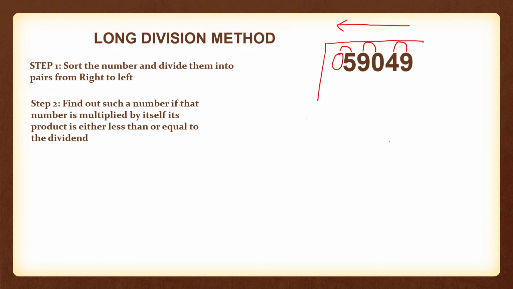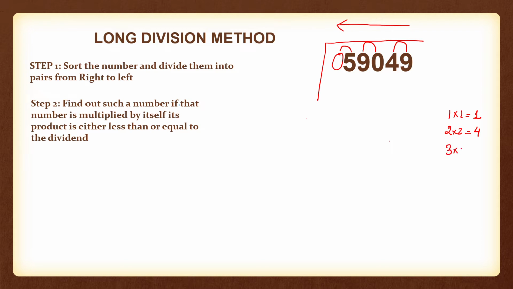Next we will find such a number that, if it is multiplied by itself, the product is either less than or equal to the dividend. So 1 into 1 will give you 1, 2 into 2 will give you 4. See, I am multiplying with the same number.